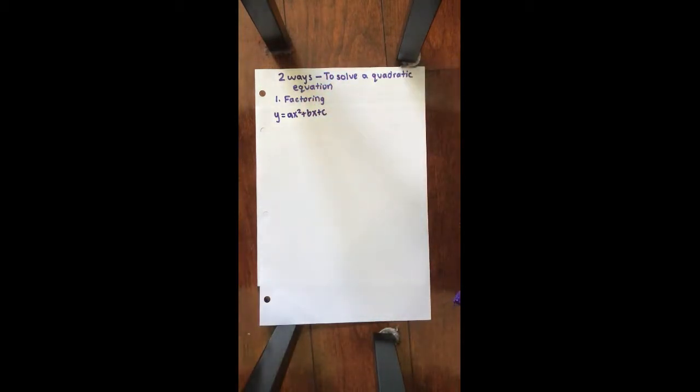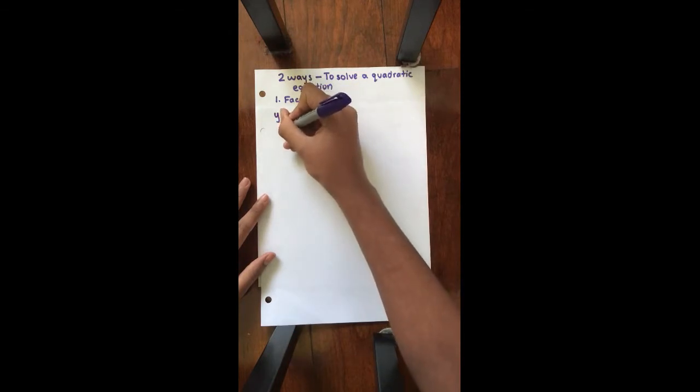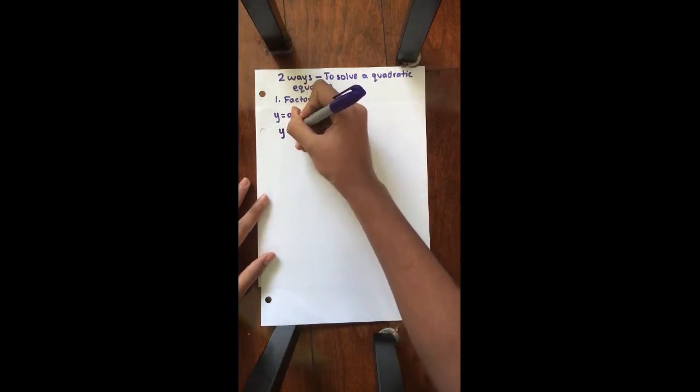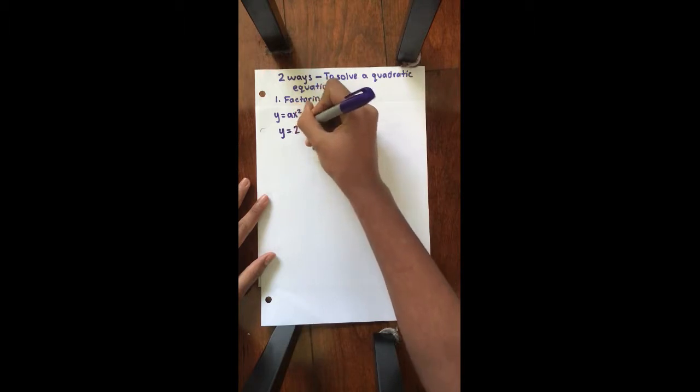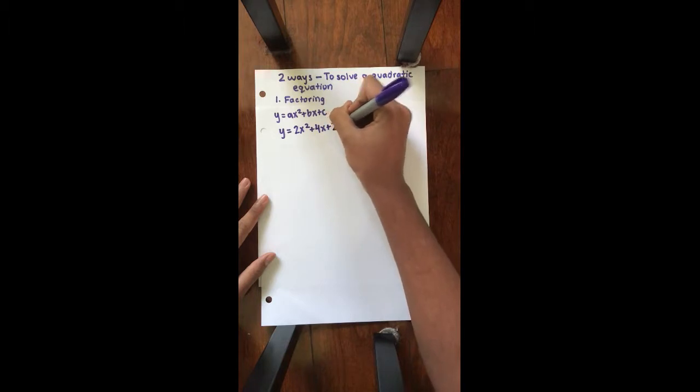There's also another form called the vertex form, but I'll be talking about that later in the video. a, b, and c are all real rational numbers, and let's take an example of an equation in this form. So maybe let's take y equals 2x squared plus 4x plus 2.